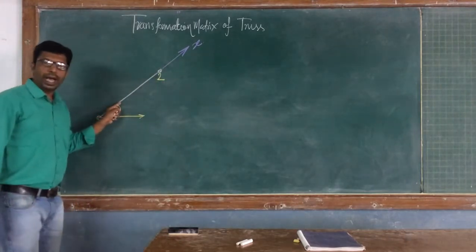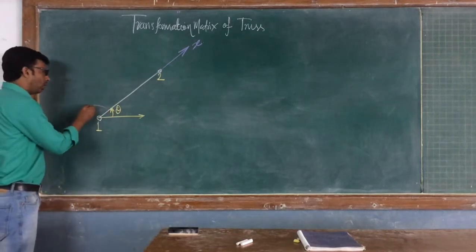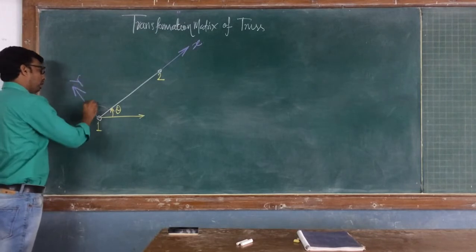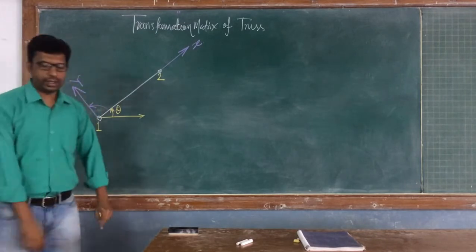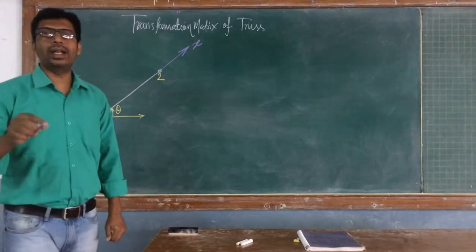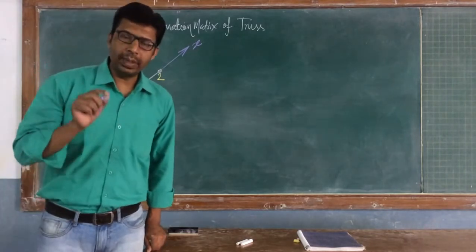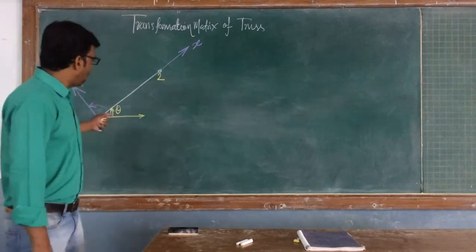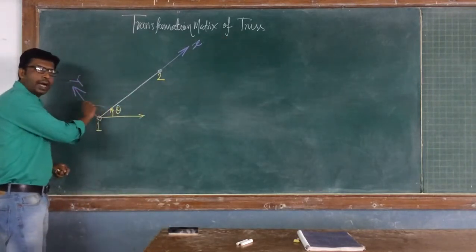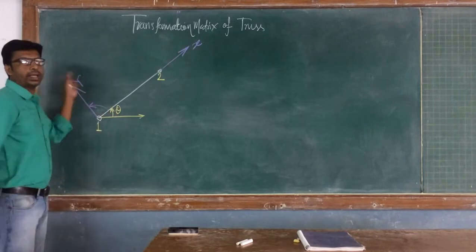And perpendicular to that, in anti-clockwise sense, there is the y-axis. So this xy axis represents the local coordinate system. Local means, understand again, along the bar is the x-axis, perpendicular to that in anti-clockwise sense is the y-axis.